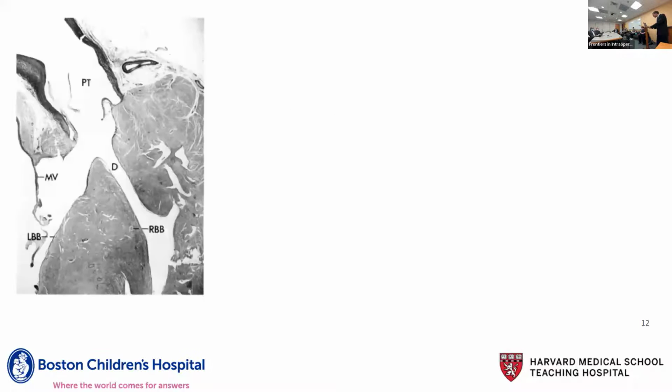And next, you see the location of the bundle branches. In this particular specimen, you can see that the bundle branches are quite far away from the crest of the ventricular septum, the left bundle being very superficial, and the right bundle being a little insulated on the right ventricular aspect of the crest of the septum.